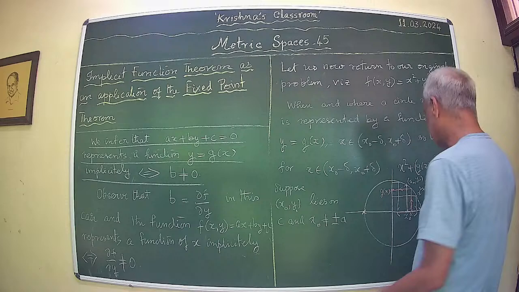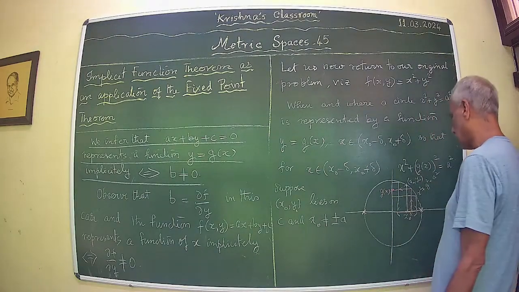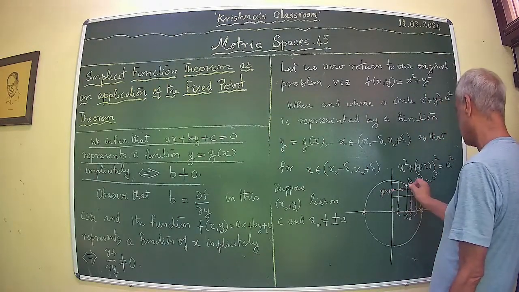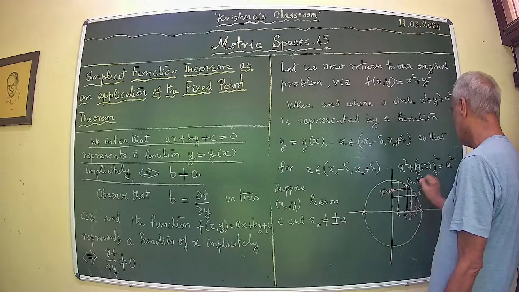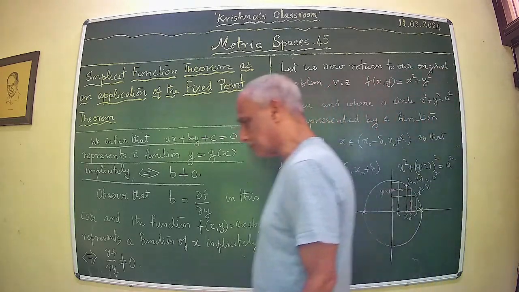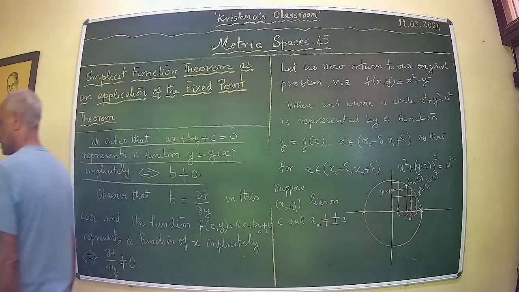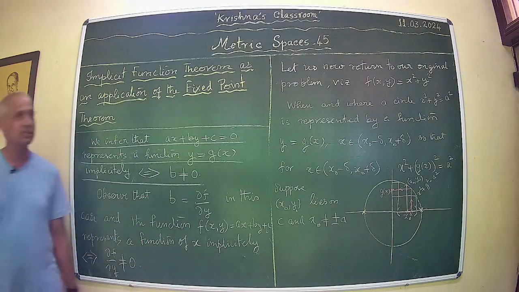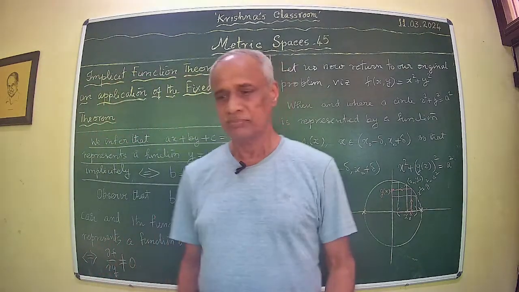So if you don't restrict the range, then this doesn't happen at all on any interval, because what happens is you have 2 different values, y naught and minus y naught, serving the purpose. So gx naught will be either plus y naught or minus y naught. So that's a problem. Okay.